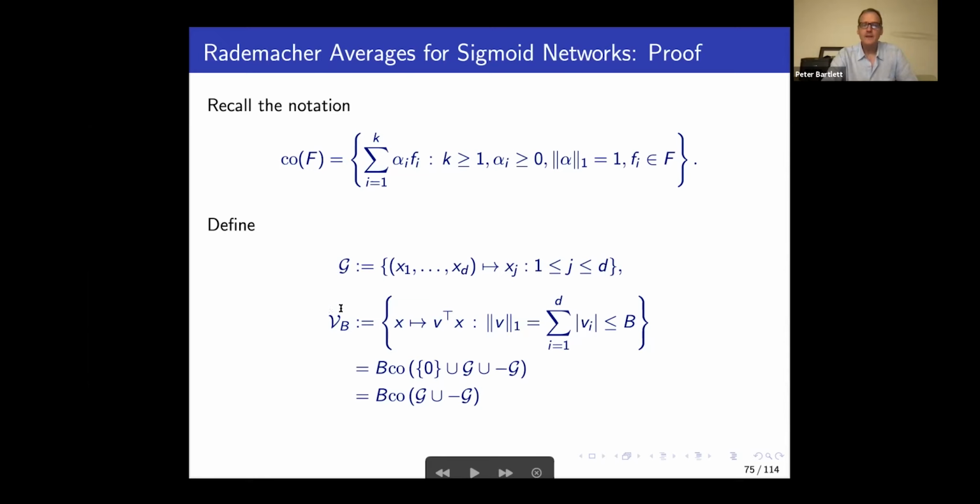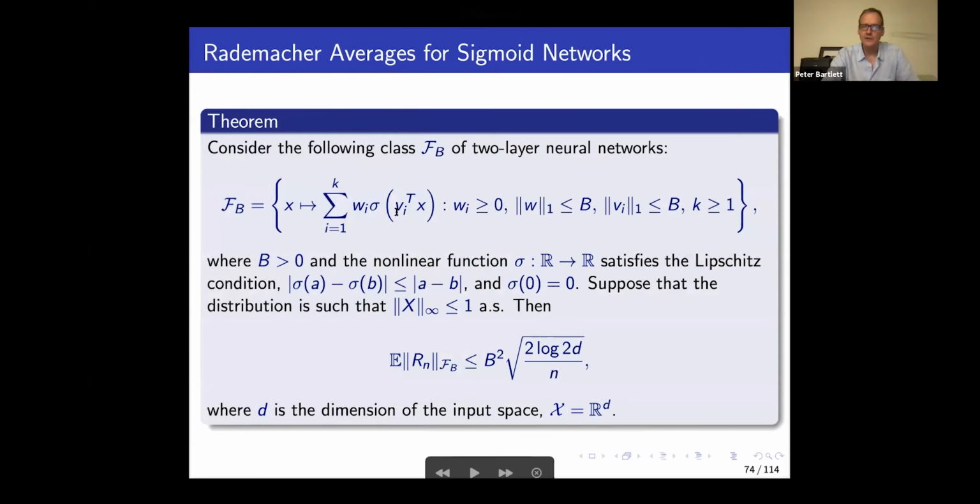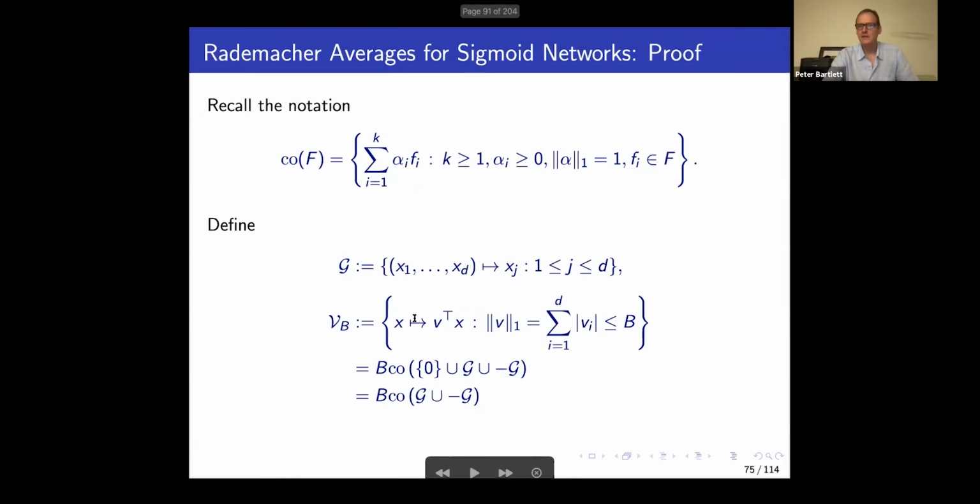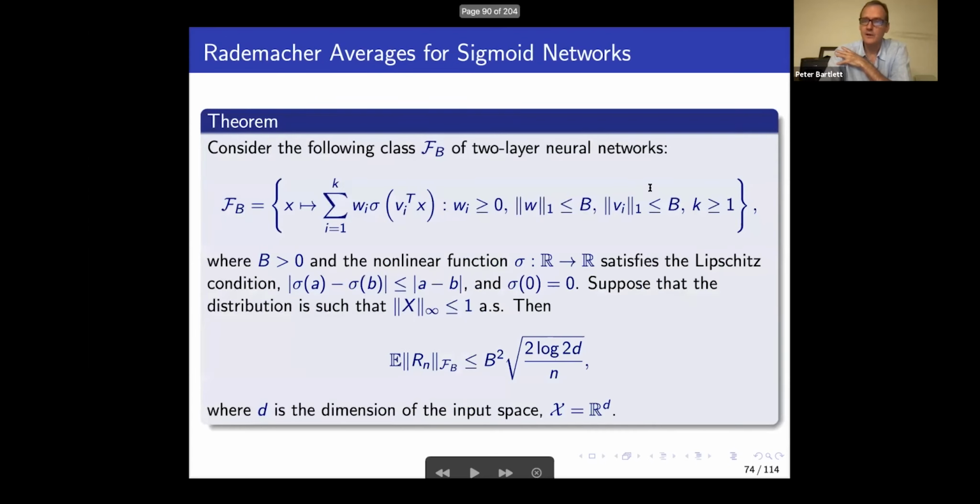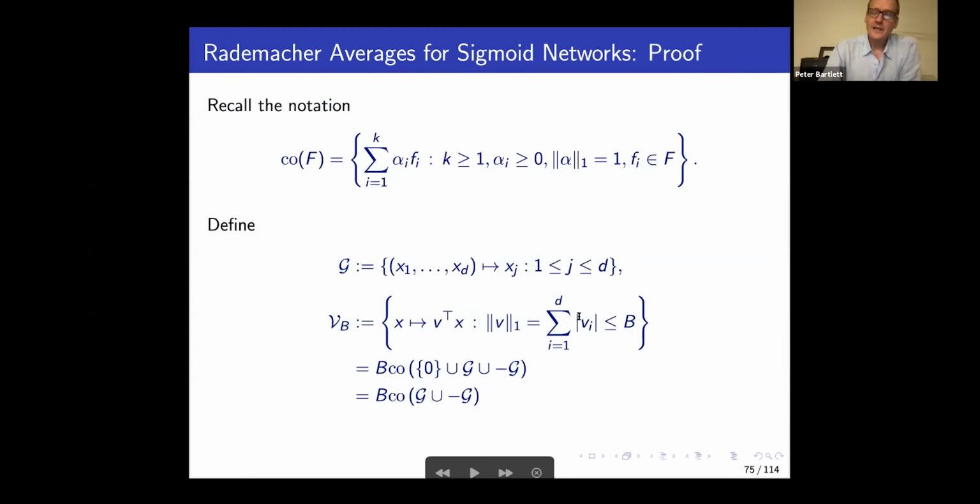That's our class G. I want to think about the class of first layer functions before the nonlinearity as a convex hull. That class of functions I'm going to call VB. It's the functions that map from an input vector to the inner product between this parameter V and the input X, where the one norm of V is bounded by B. That's what's going on here in our two-layer class. So I can think of this as scaling these things by a constant B and then having a one norm constraint of 1.